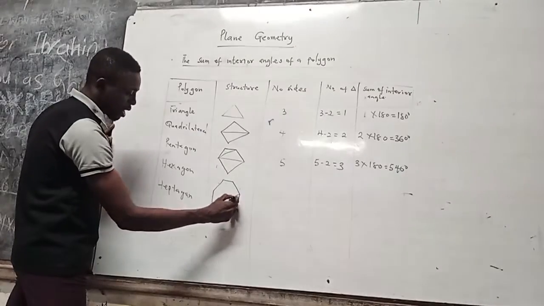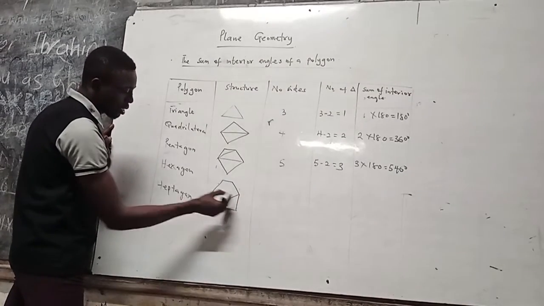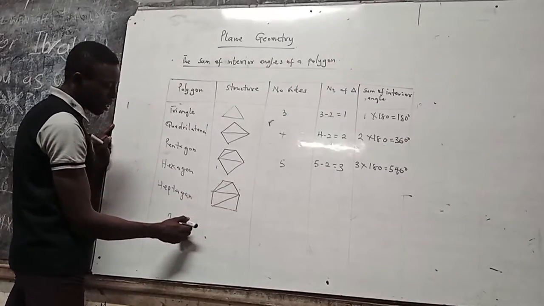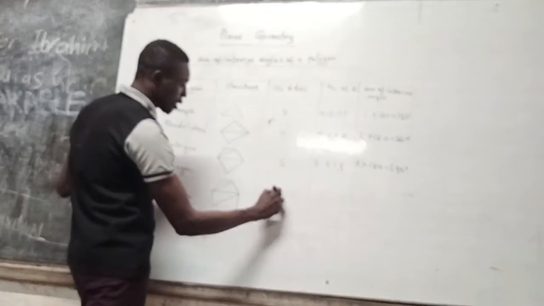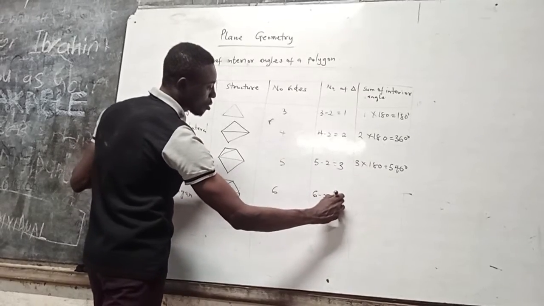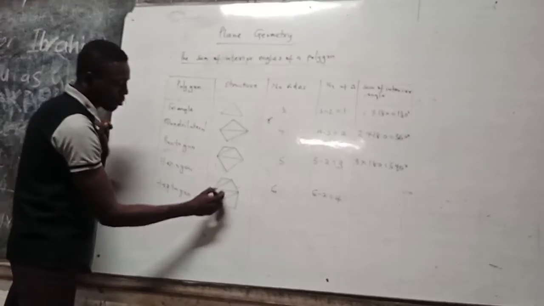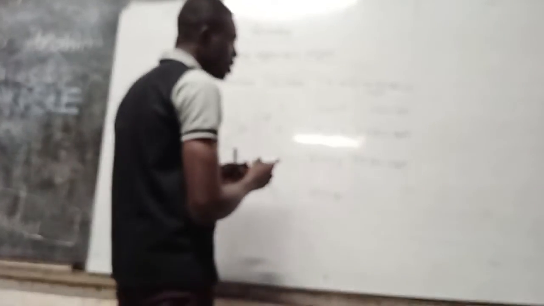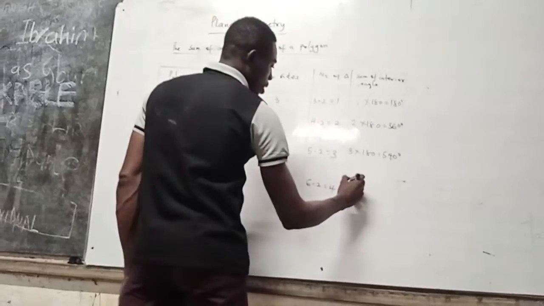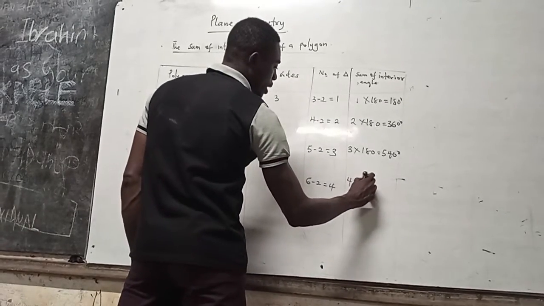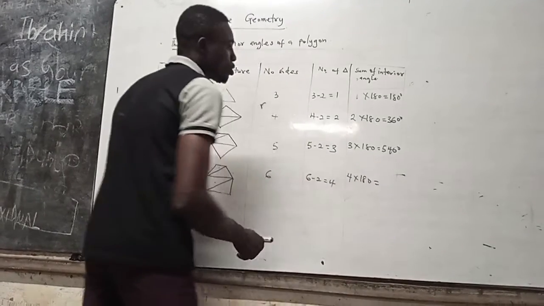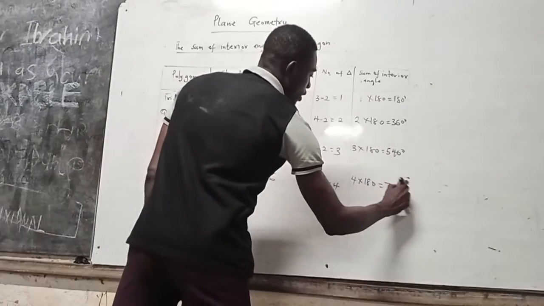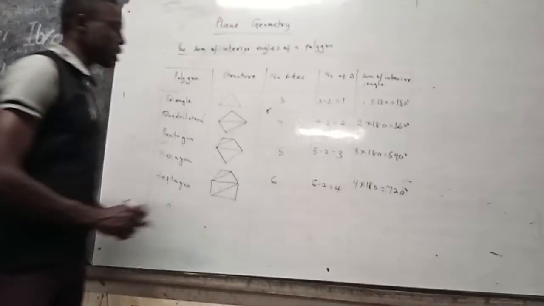If you divide here, here, and that, then 6 minus 2, what do you get? 4. So 1, 2, 3, 4. You get 4 triangles. So this is 4 times 180, which is 720 degrees.